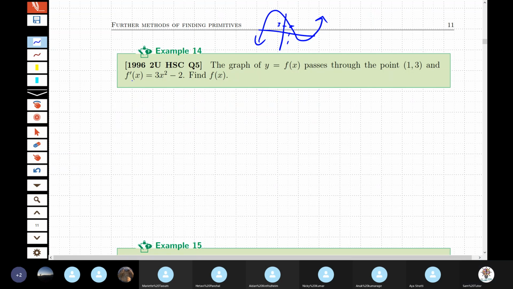So we know f dash, and we want f of x. Anybody have any idea? If I know the derivative, how am I going to find the original? What would the technique be? If I have the derivative, I need to find the original again. Pretty much what we have been doing yesterday and today.